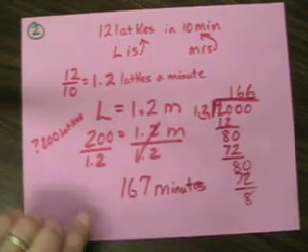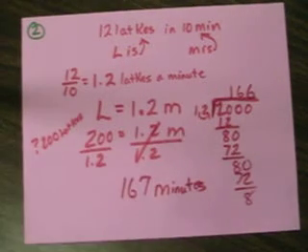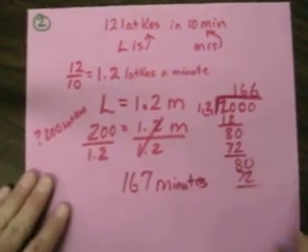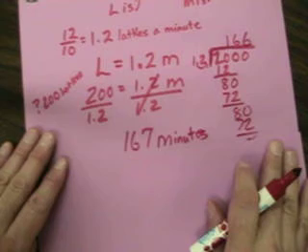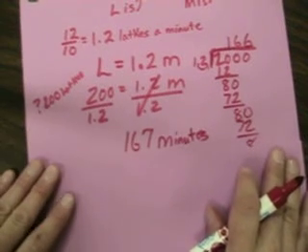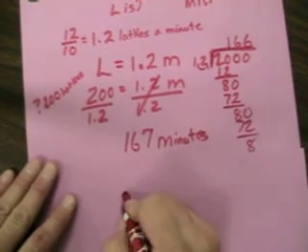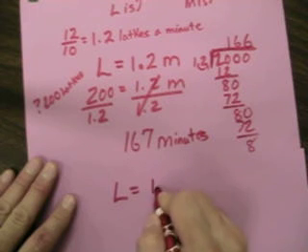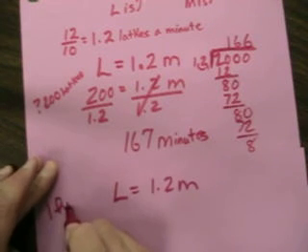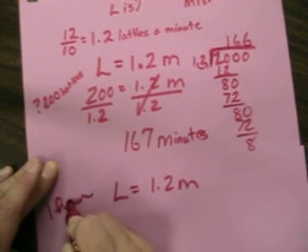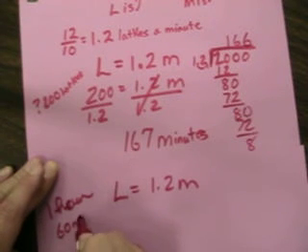Okay. They ask you to continue the problem and do it backwards. This time, they say how many can they make in an hour? Well, that's easy now that we've written a rule. If L equals 1.2 M, and we will have 1 hour, that's 60 minutes.